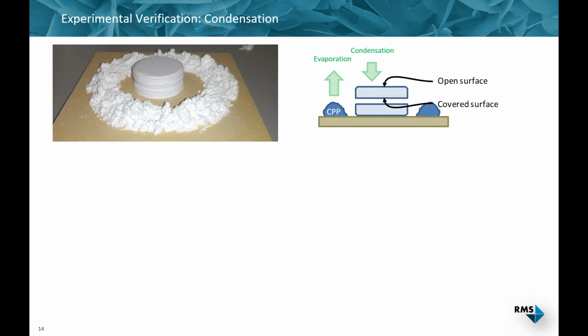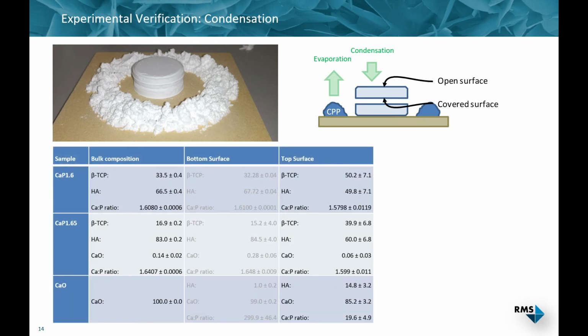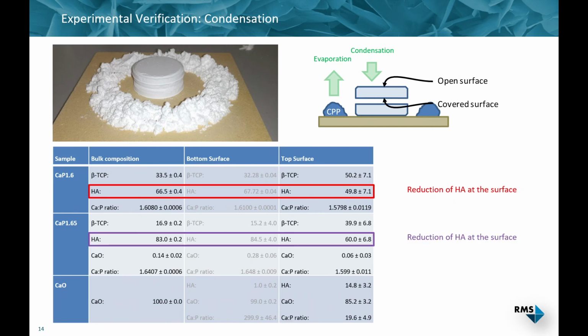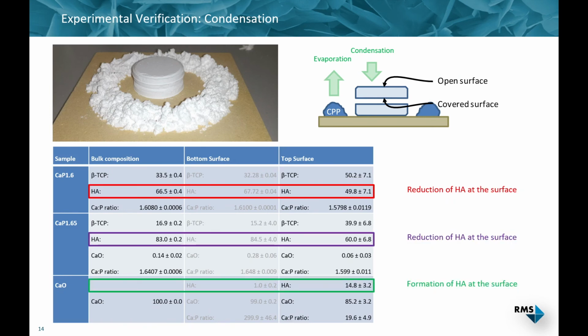This decomposition reaction of calcium pyrophosphate to TCP generated the highest partial pressure of phosphate gases in the atmosphere, and would supersaturate the atmosphere towards all other solid phases. So when we process these samples, again at 1100 degrees for 36 hours in a closed furnace, we observed a strong reduction of the calcium to phosphate ratio at the surface relative to the bulk.